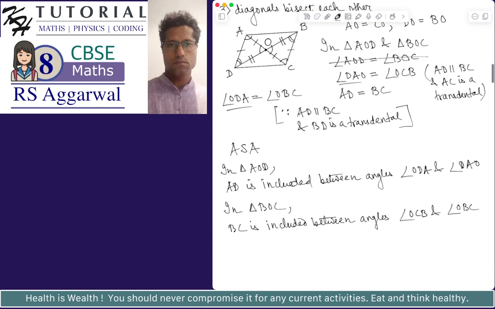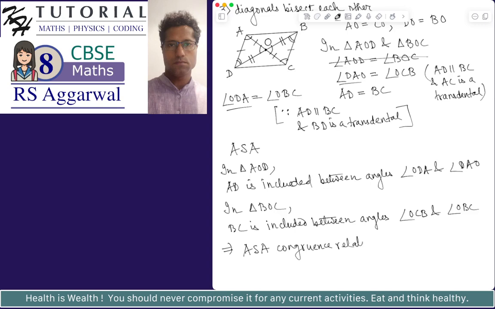Okay, so clearly we are having ASA, since we have that AD is equal to BC, angle ODA is equal to angle OBC, and angle DAO is equal to angle OCB, and we are clearly having the ASA congruence relation.